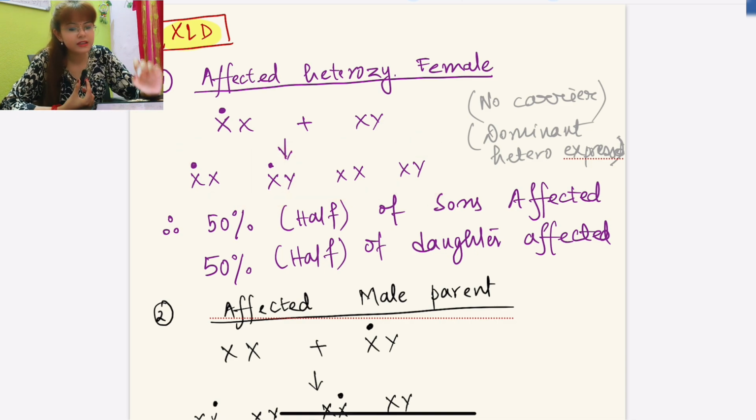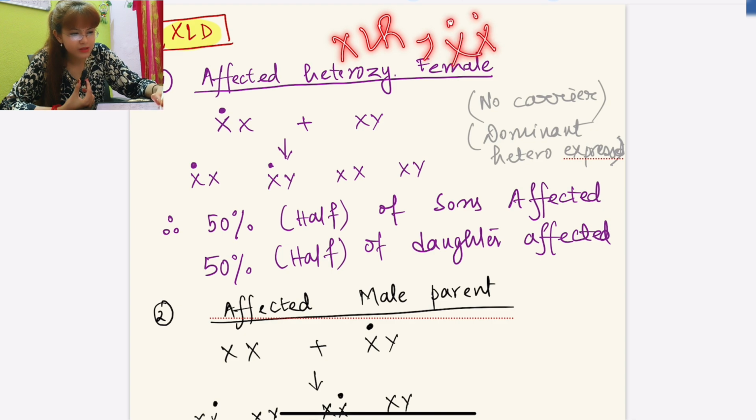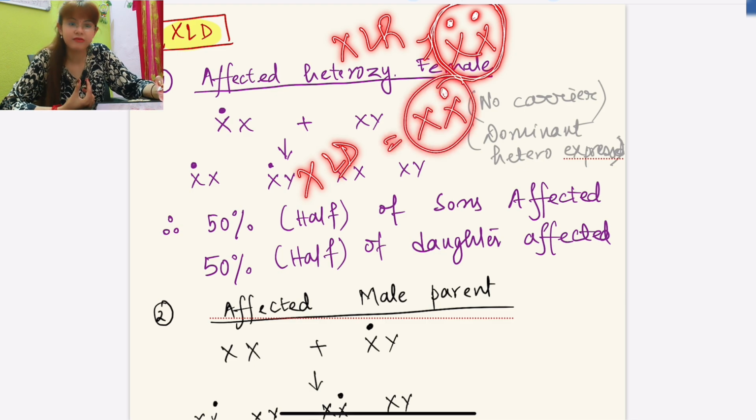Please remember, in case of X-linked recessive, the homozygous state was getting affected. If this was the configuration, then this symbolizes that the female is affected. But in X-linked dominant, this means that the female is affected.